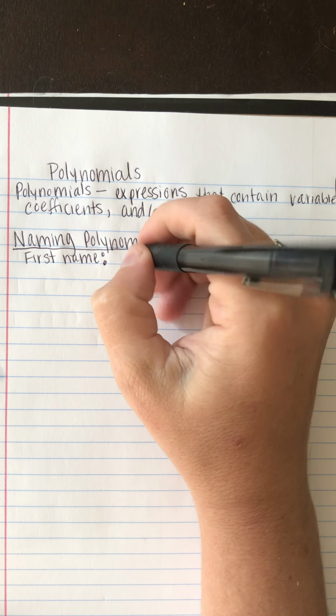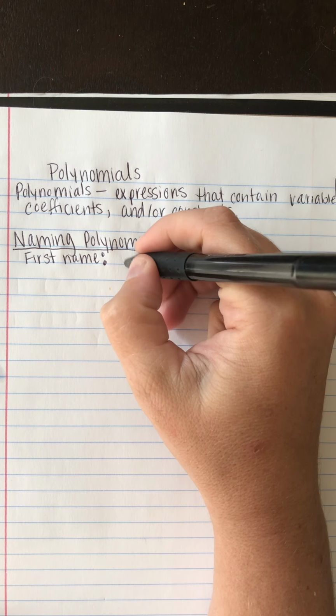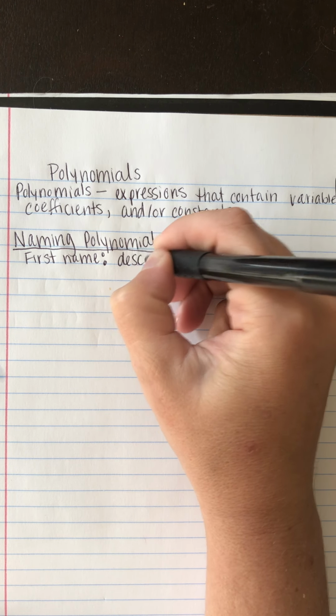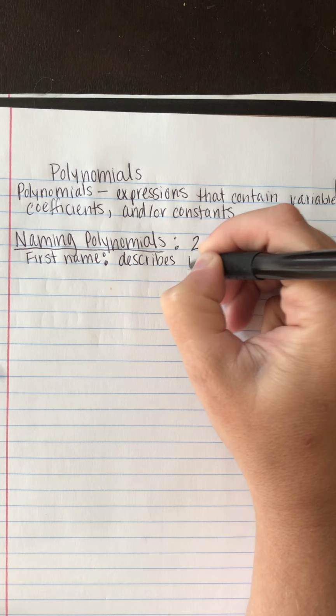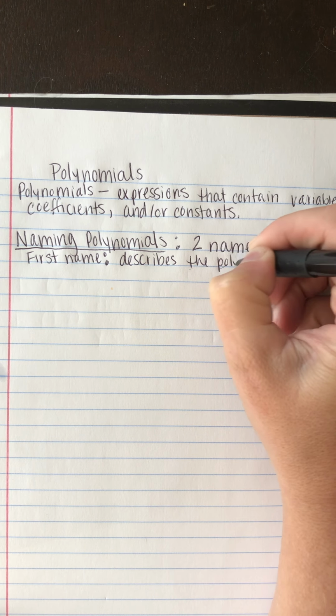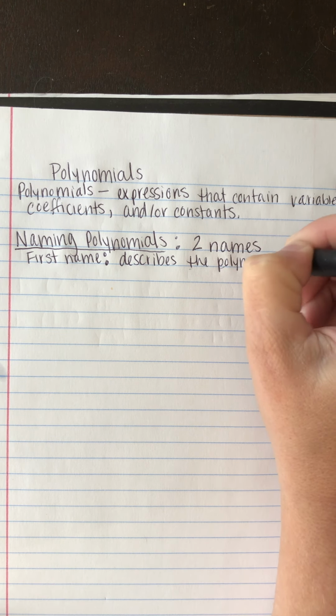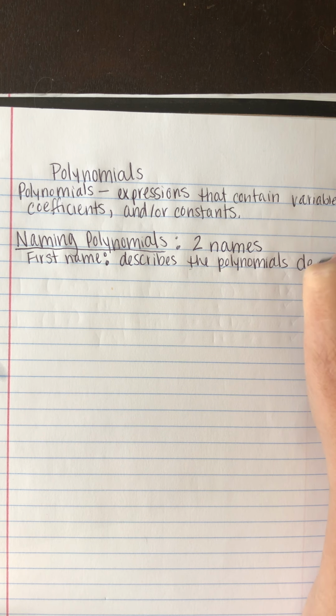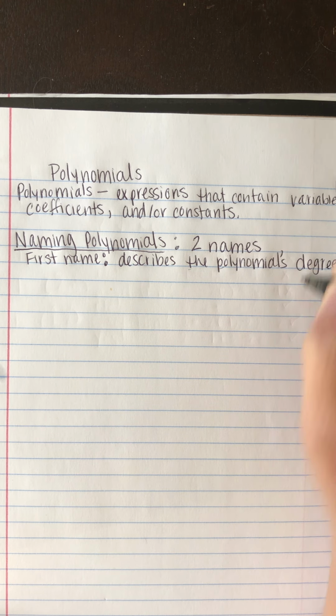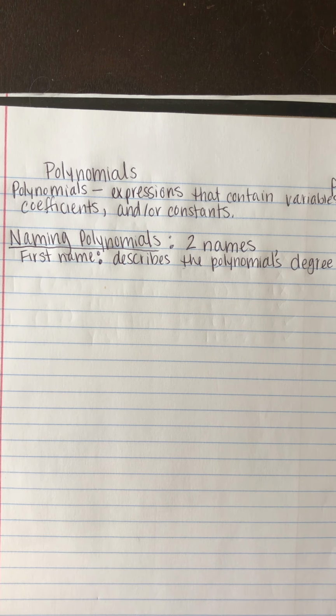So we're going to talk about degrees here in just a second. So the first name describes the polynomial degree. All right. And so a degree is basically the highest exponent that you have in any one term.